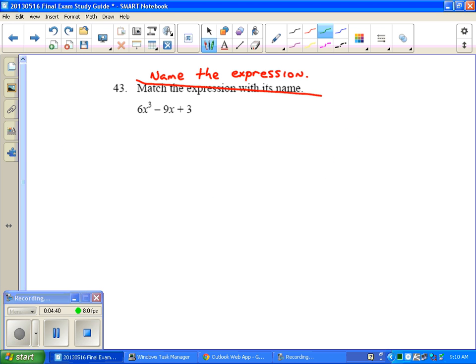Number 43, the description says match the expression. And when you have a multiple choice part in a couple days, there'll be something to match. But just rename it as name the expression. You name it 2 ways. You name it based on its degree, and its degree is the highest exponent.